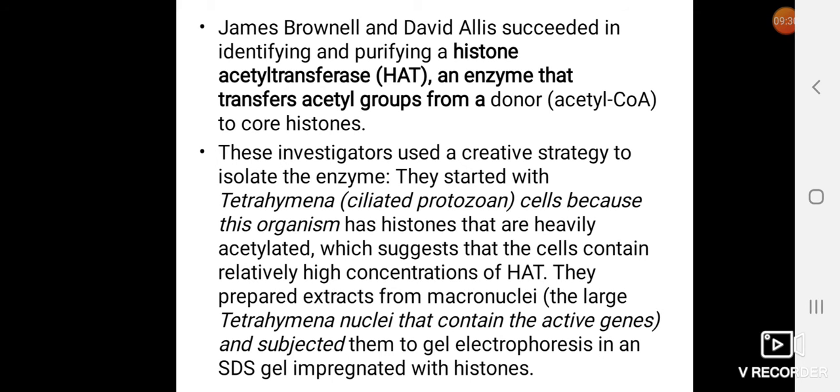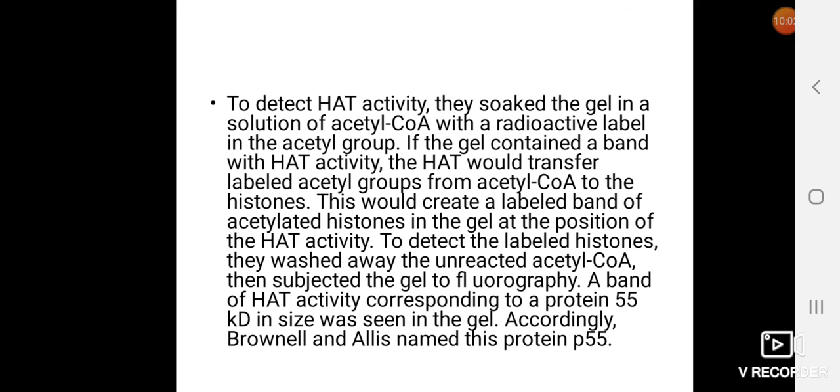They started with Tetrahymena cells, because this organism has histones that are heavily acetylated, which means a high concentration of HAT should be available. They prepared extracts from the micronuclei and the macronuclei and subjected them to gel electrophoresis in an SDS gel impregnated with histones.